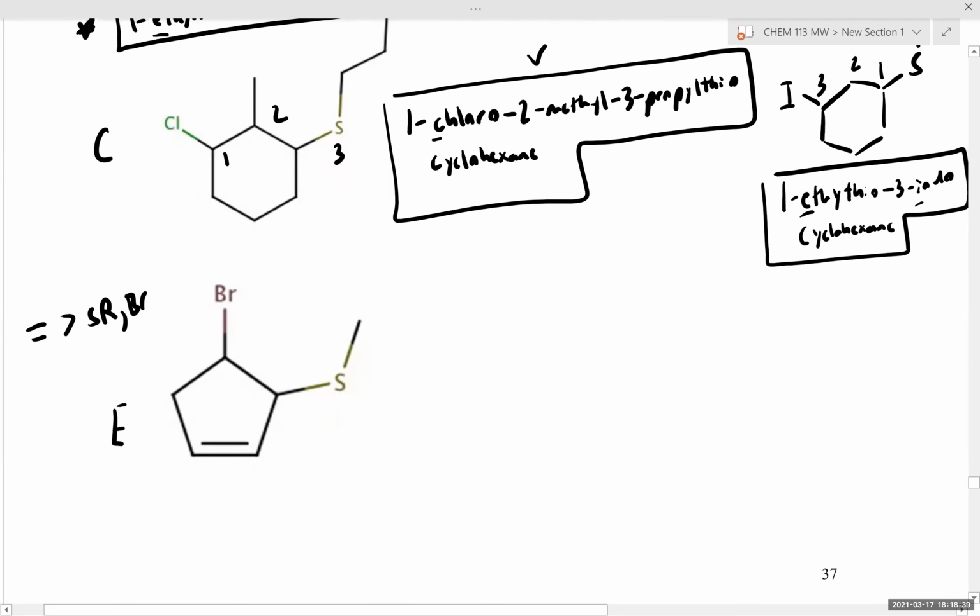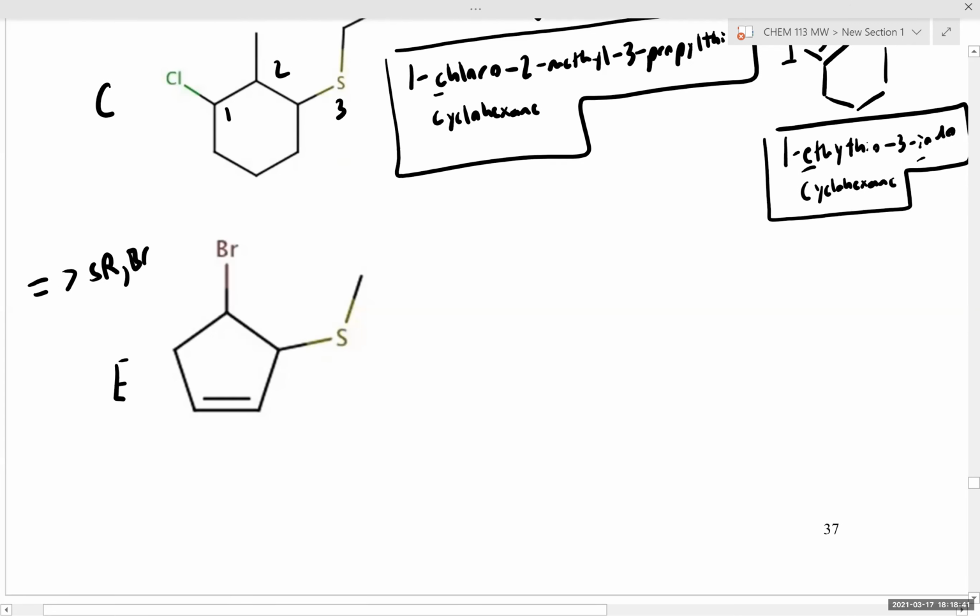Now, in terms of our ranking of priority, alkenes are way higher priority than alkyl thiol and halogens. So then, how would we name and number the following compound?